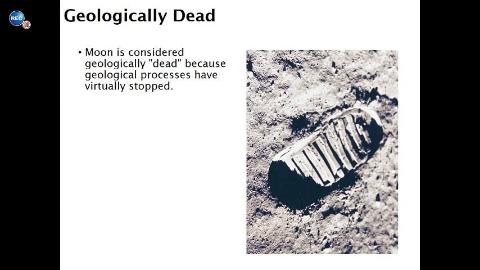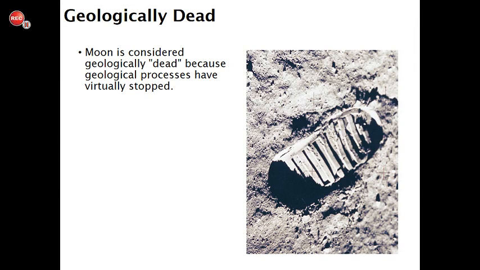And for the most part, it's very stationary. The biggest process now is tiny meteorite impacts, which are going to break up the surface. The surface is kind of like flour. It's very, very fine.